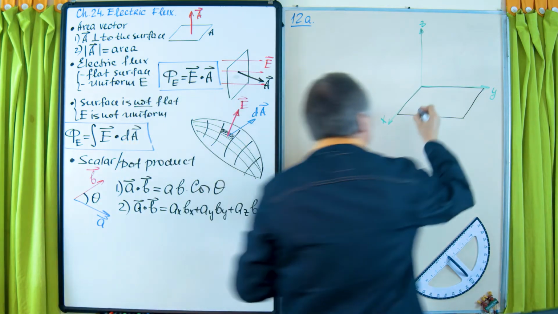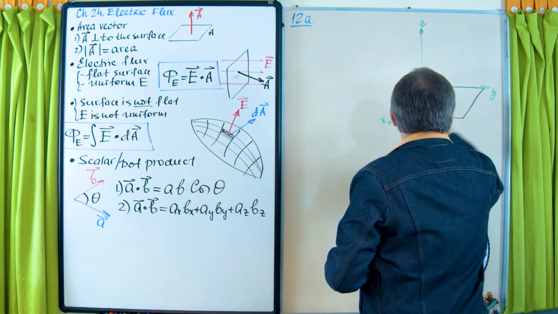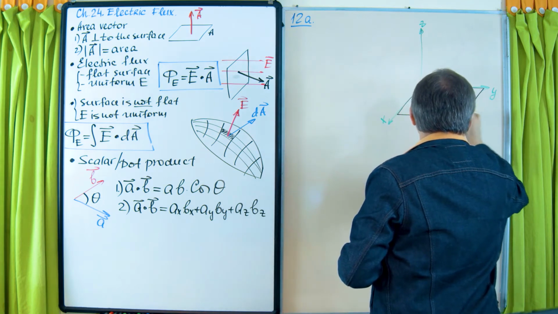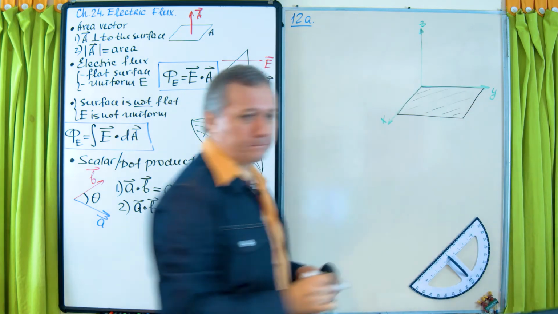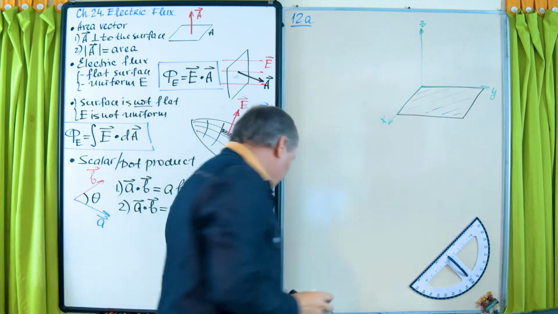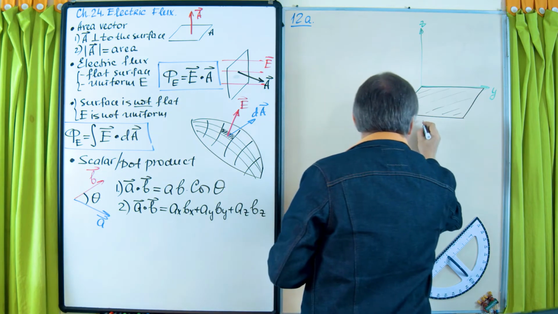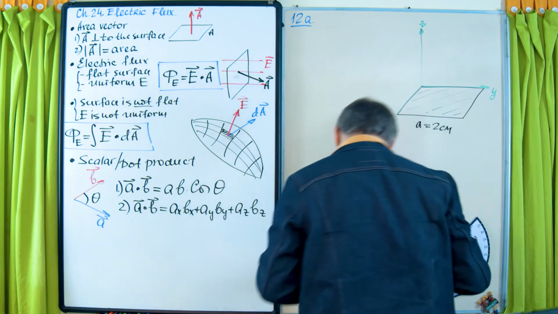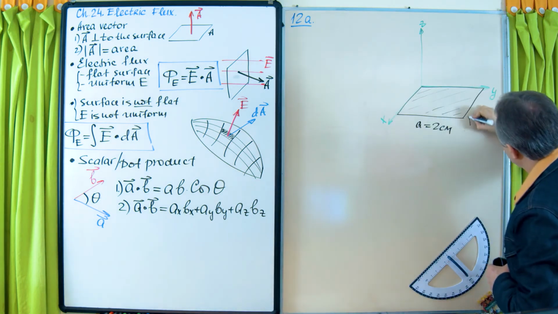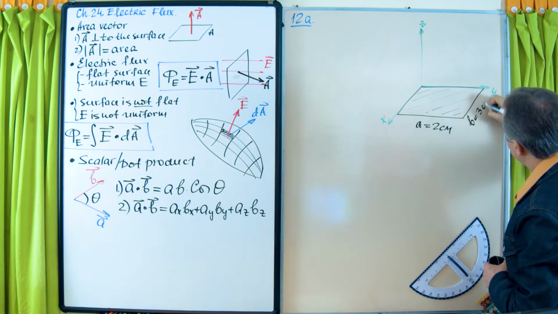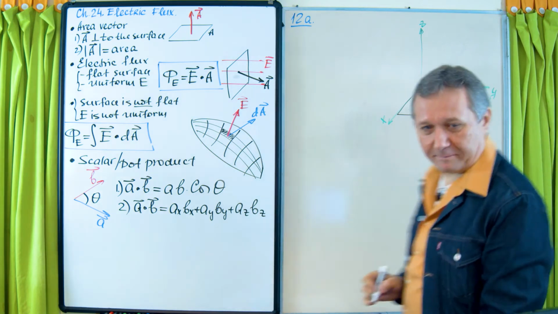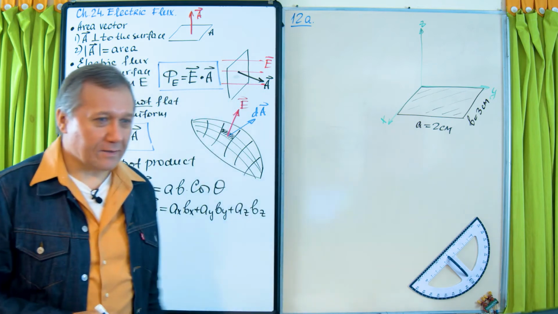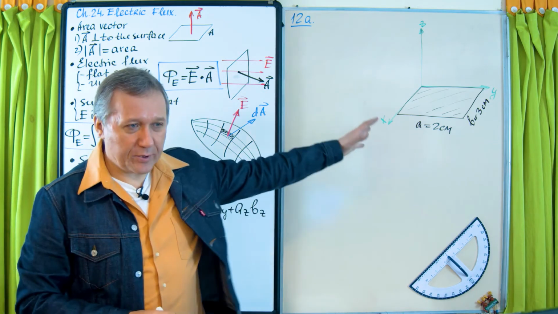Maybe I slightly highlight it like this, with the very light lines. And of course, we know that this side A is 2 centimeters, and this side B 3 centimeters. So we have plenty of information about the surface.